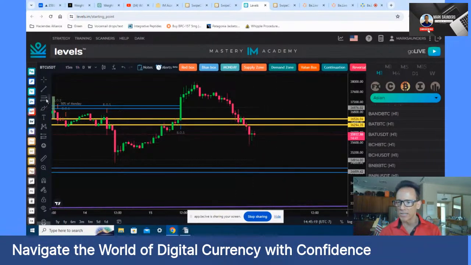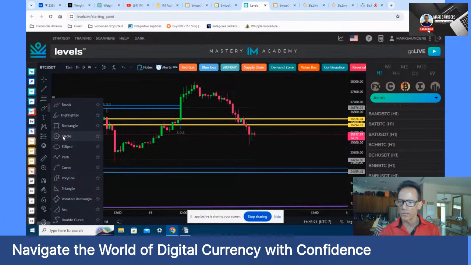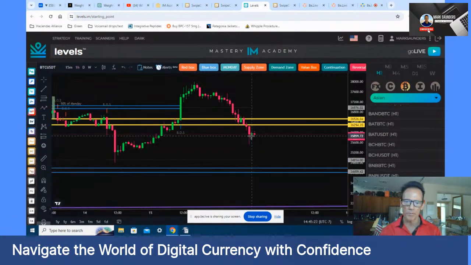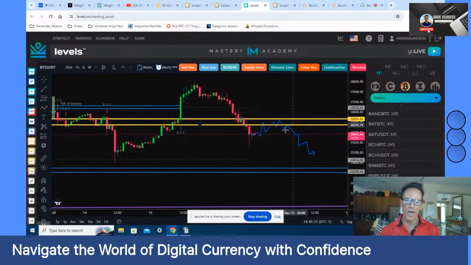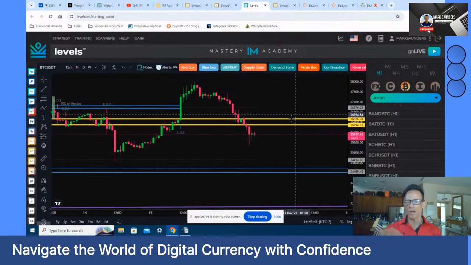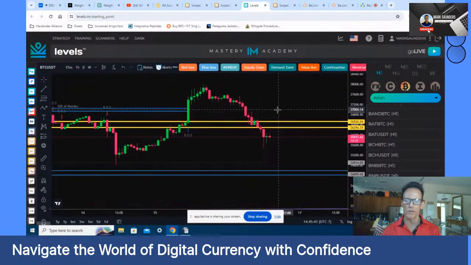I'm not saying it's going to do this, but this is what could happen. It could go like this. Something like that. So I'm going to add a little more to my position here, but this is not advice. I'm just kind of talking it out, right?